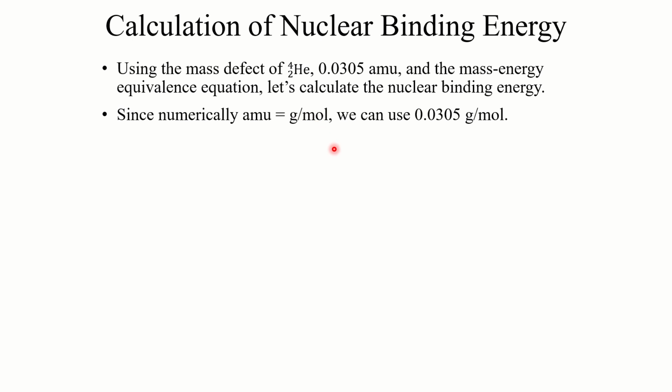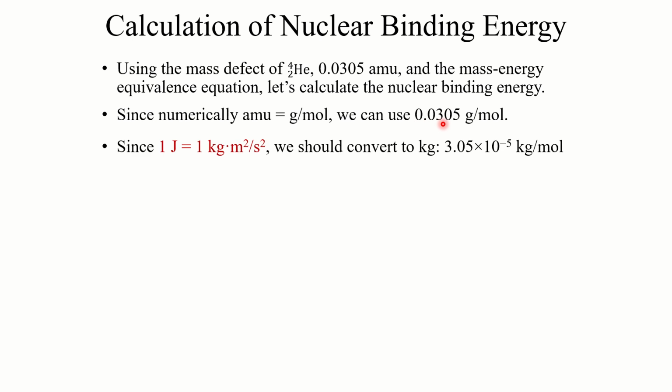Since numerically AMU equals grams per mole, which again is something we learned about back in Gen Chem 1 in Chapter 2, if you need the review there, instead of using 0.0305 AMU, we'll instead use 0.0305 grams per mole.